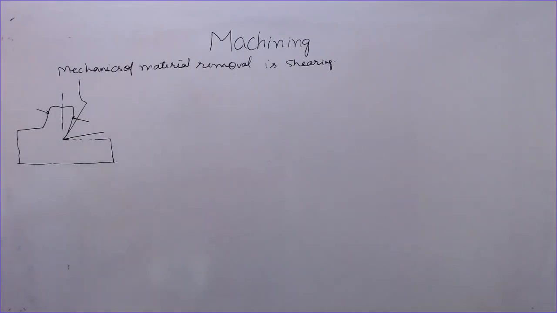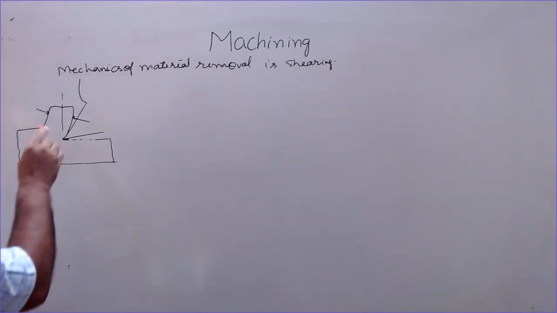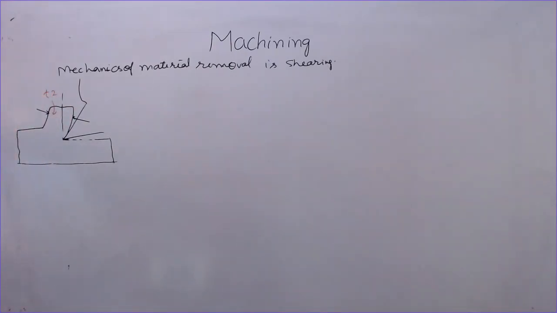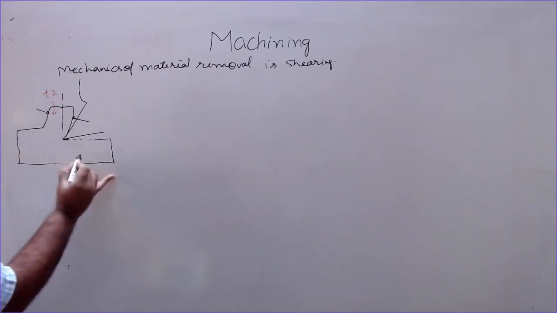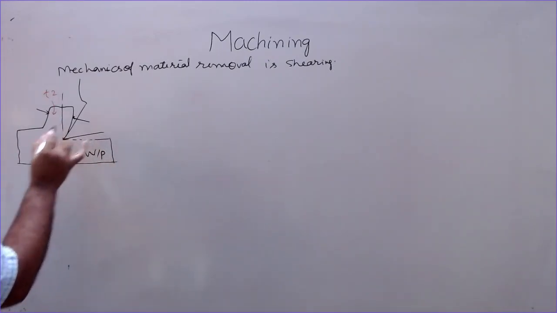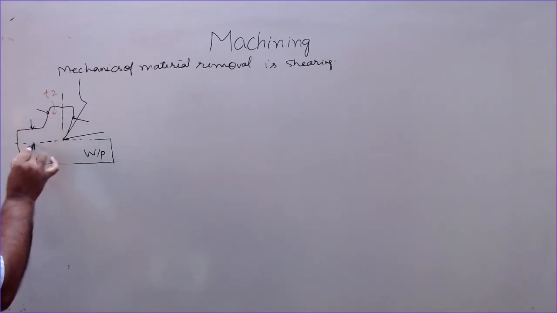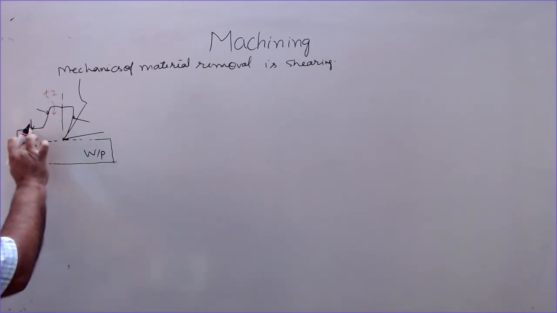So this thickness is known as chip thickness, T2. T2 is chip thickness, and then we have the uncut thickness of the workpiece. This is our workpiece, this is the tool. This is uncut thickness, T1.